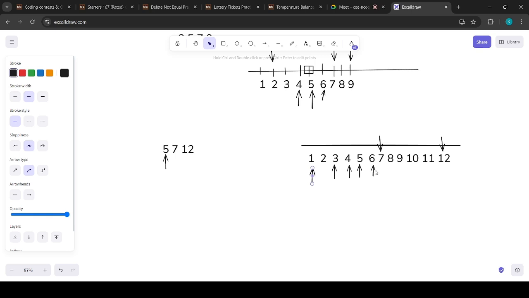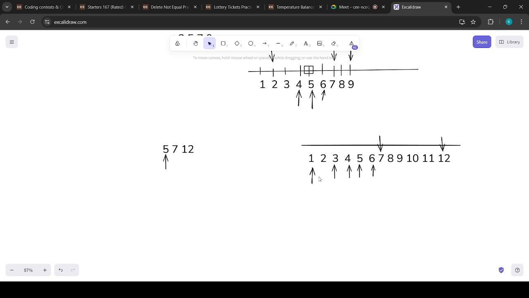So we can also take 6. So we can take the numbers in the range 1 to 6. So this is the first condition.